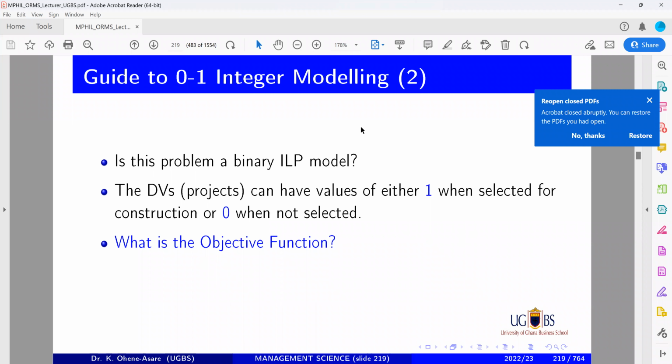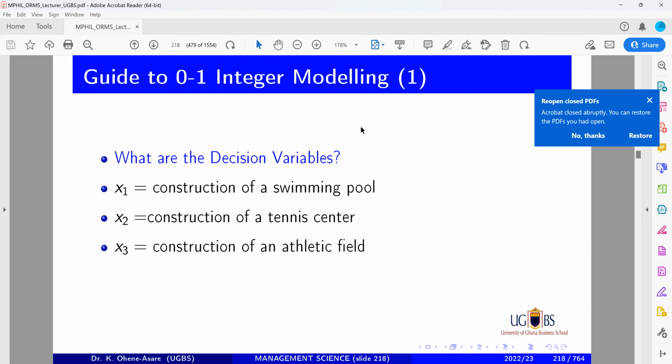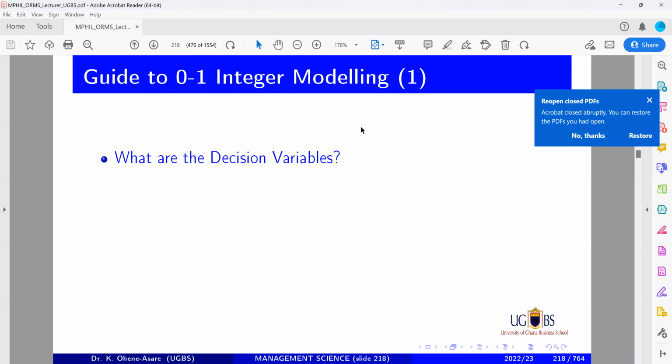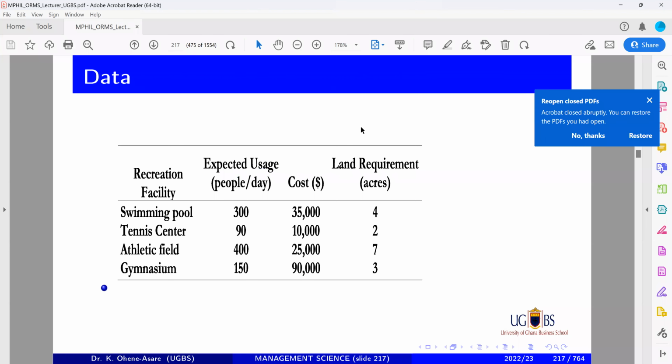Okay. All right. So what is going to be our objective function then? How would you have formulated the objective function, given all that we've spoken about? Now I'm showing you the data in front of you. How would you have indicated the objective function?